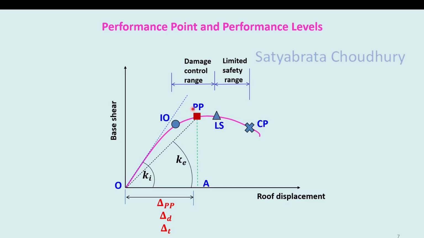So in a nutshell, you can say the level which is immediately on the left hand side of the performance point is the performance level of the building. Suppose my performance point comes here, then immediately on the left we have the LS, so it is the LS building. If the performance point comes here after CP, then immediately on the left is the CP point, so your building will be called a CP building.